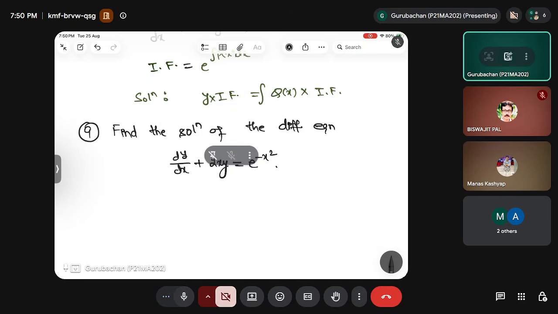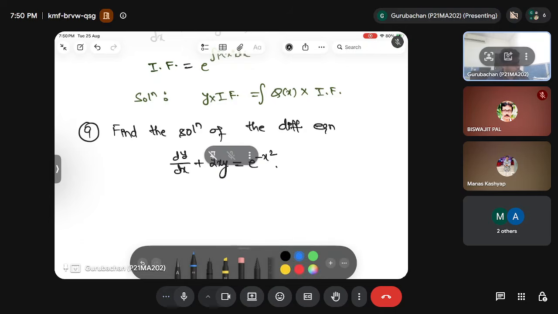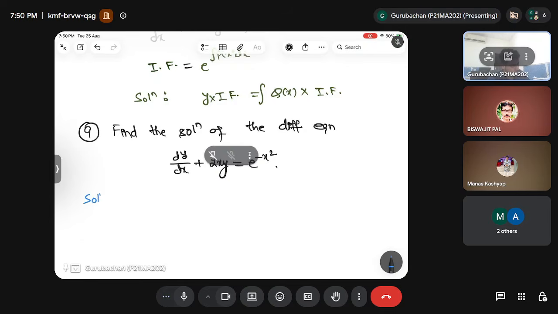Correct. Yes, sir. What is P(x) here? 2x. Q(x) is e to the power minus x square.